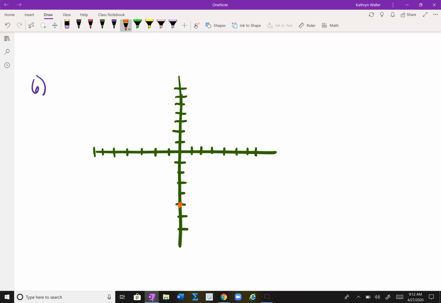And then it hits about right here, not quite 1. Then it definitely hits 1, 1. And then it hits 2, 2. And then it kind of curves over and it hits 3, 3. Like this, so it's going to be kind of like this.